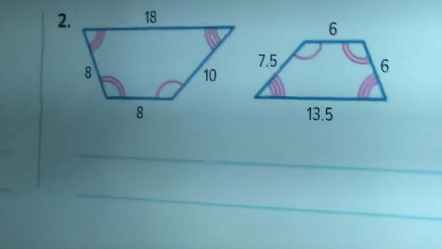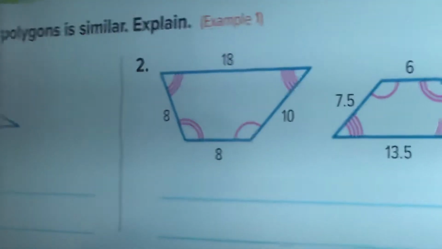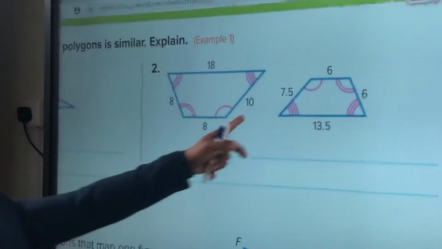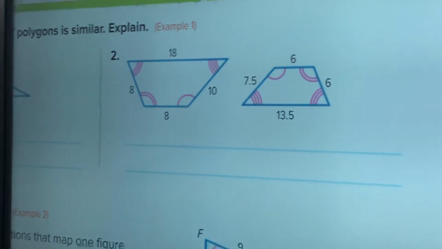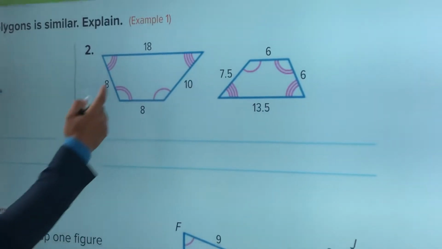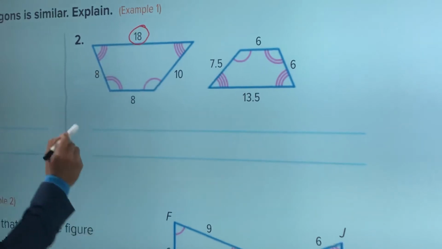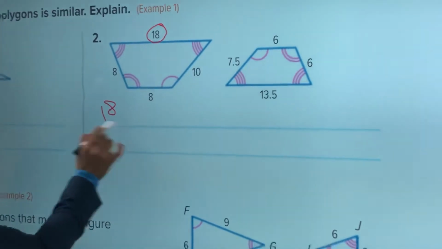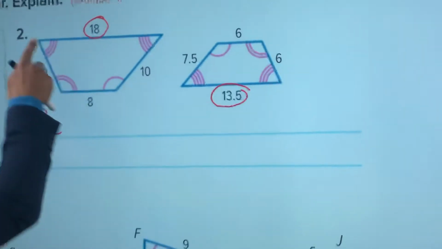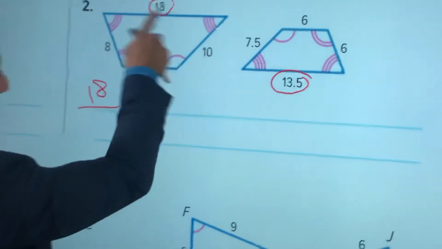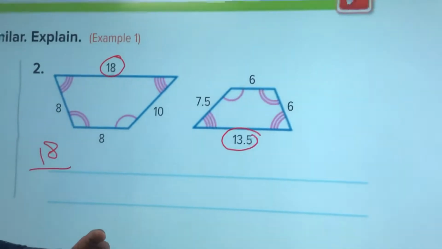Let's see, equal or no? Start from here, and attention, because this shape is reflected. So start from the big one, 18 over the corresponding side of this 18. Attention please.